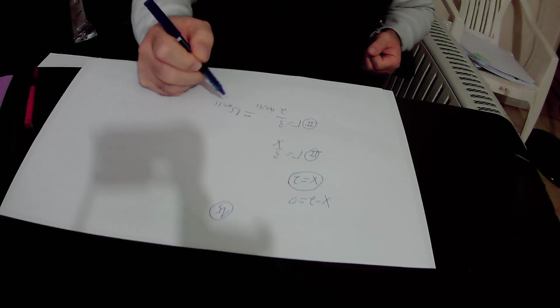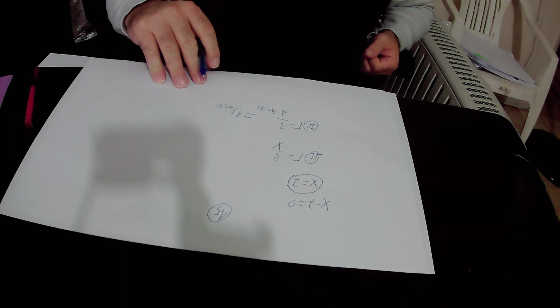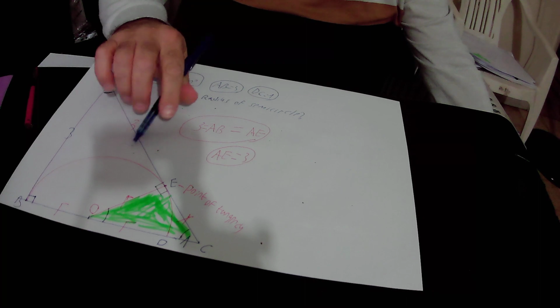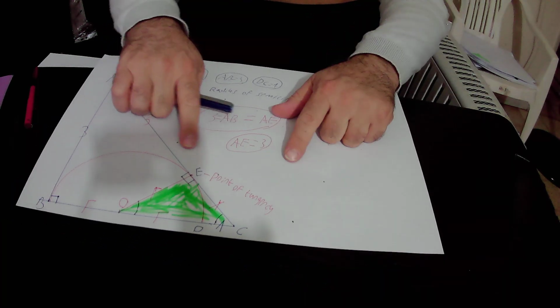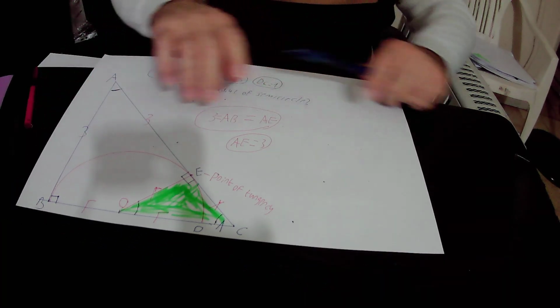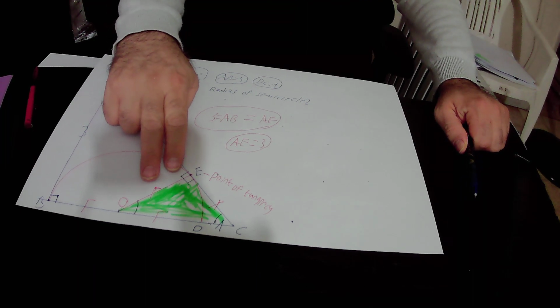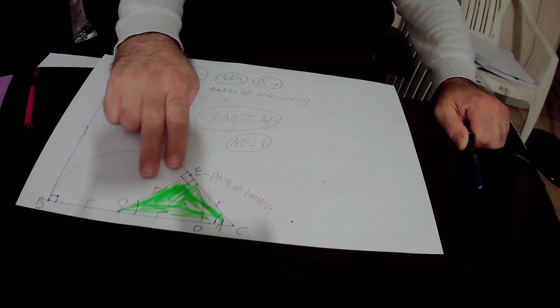So the radius of this semicircle is either 3 over 2 units or 1.5 units.